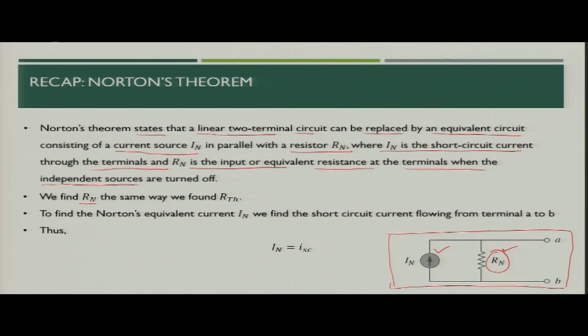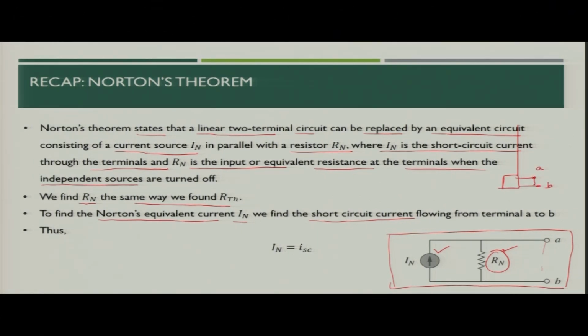Now, R n can be found in the same way we found R T H, the Thevenin resistance, in the Thevenin theorem discussion. For the Norton's equivalent current I n, we have to short circuit the terminals A and B. Suppose this is your network and you have terminals A B like this.